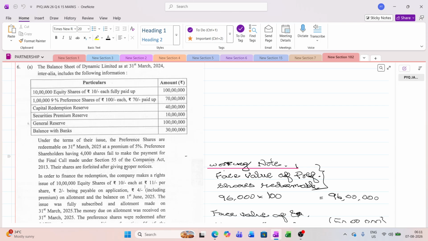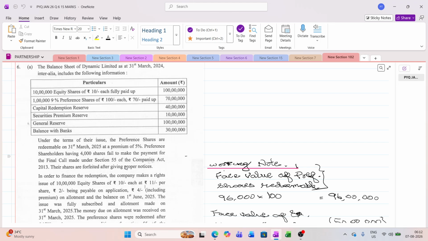But if the question gives some shares fully paid and some partly paid, and there is no further detail about the final call, then you have to presume that only the fully paid up preference shares are redeemed. If the question says the final call was made, then it is well and good.